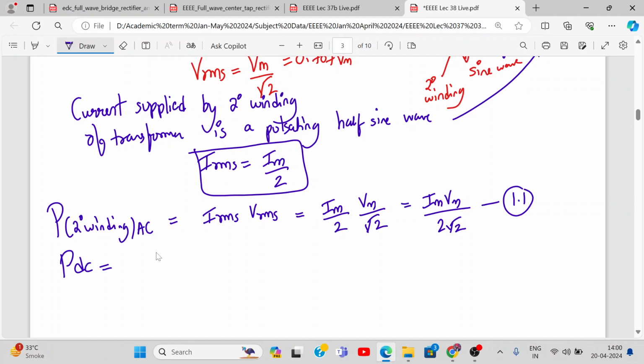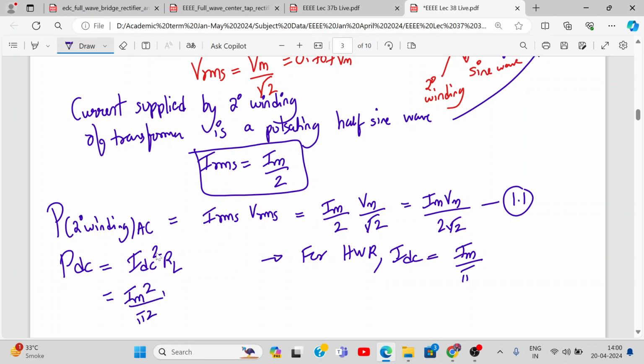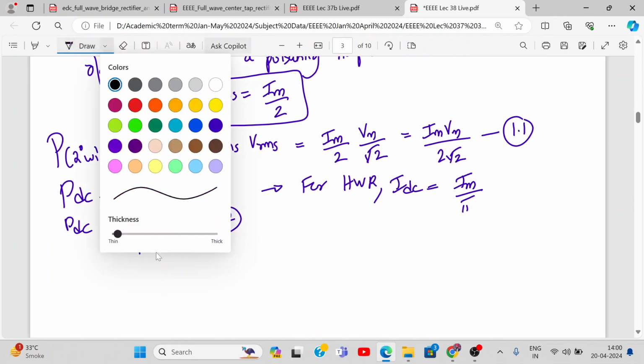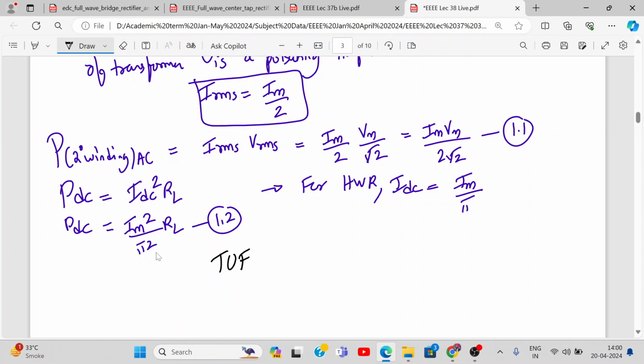Now PDC is given by IDC square RL. How much is IDC for a half wave rectifier? Im by pi. So IDC square will be Im square by pi square RL. This is PDC, let's call this equation 1.2. Now let's find the value of TUF.